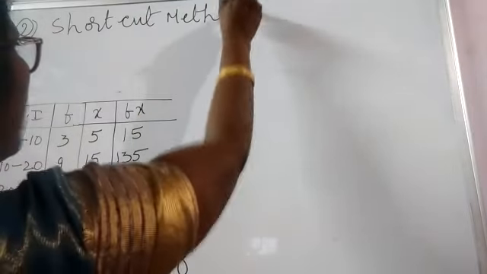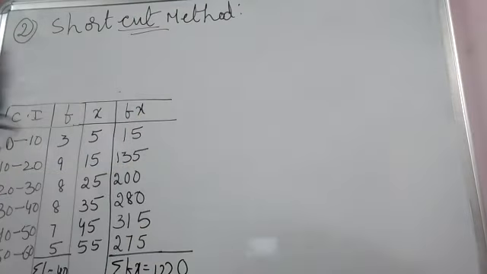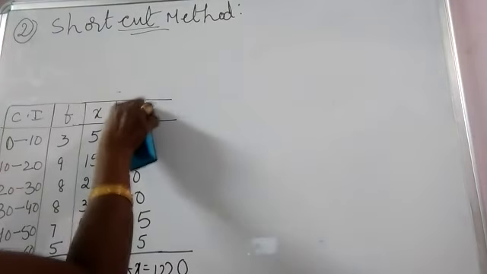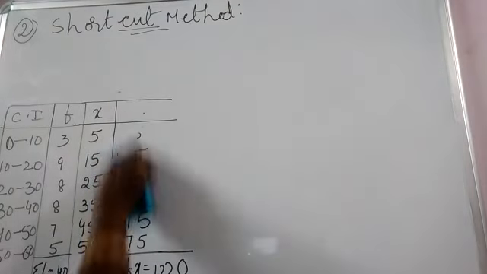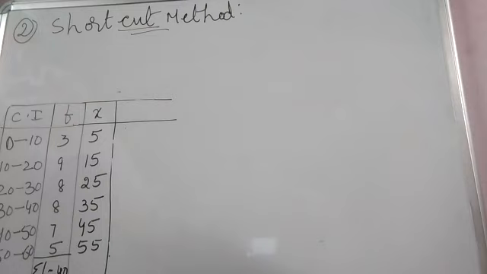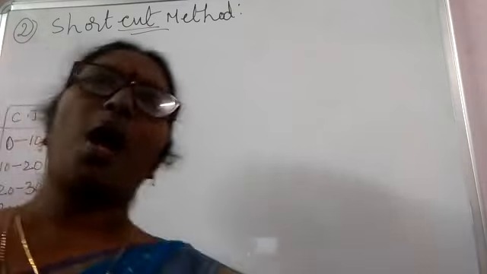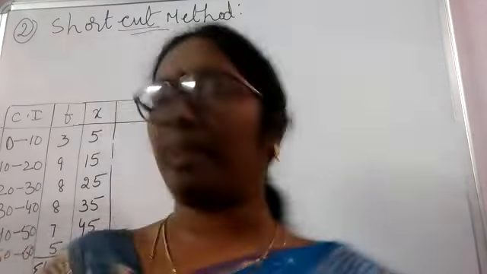Here what you have to do is, here this fx is not needed. So let me clear fx also. But x is needed here. In this case, you have to take the assumed mean.